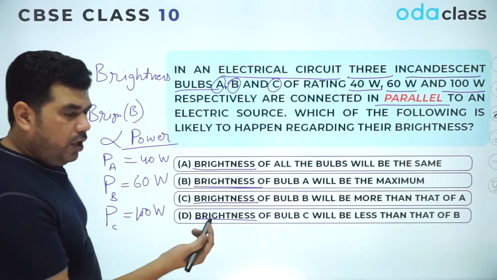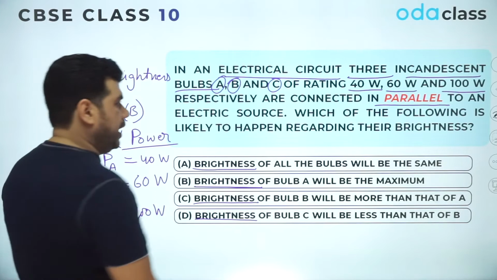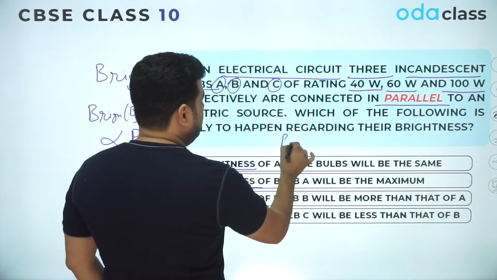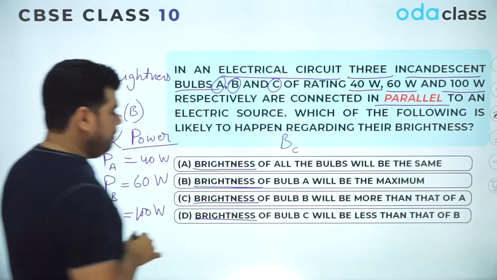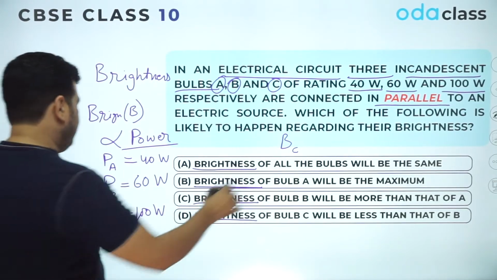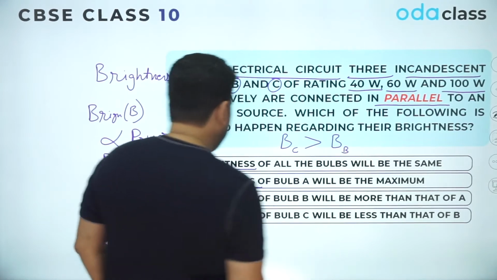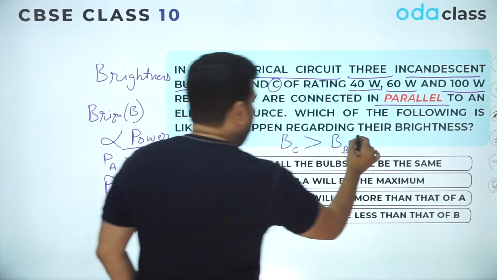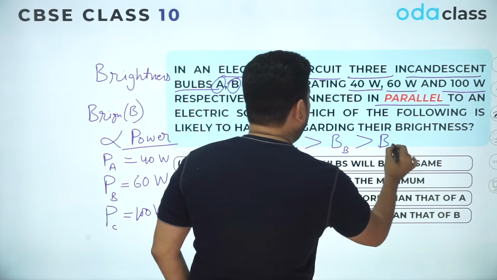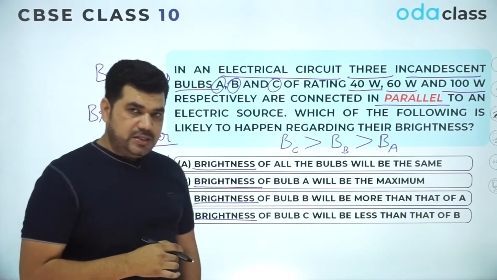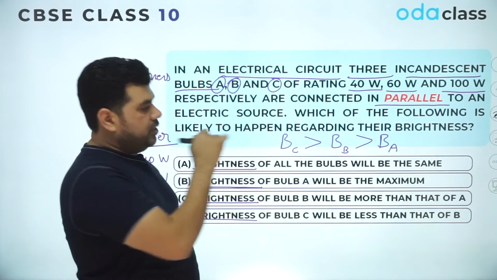So we can draw an order of that brightness. Power of C is maximum, so obviously brightness of C will be maximum. Then after, brightness of bulb B. Then after, brightness of bulb A. So this is the order of the brightness in case they are connected in parallel.